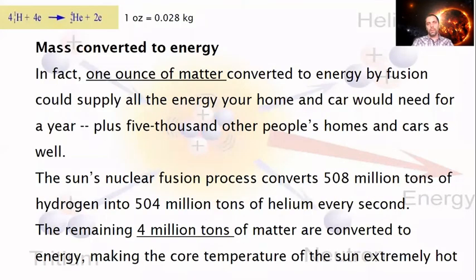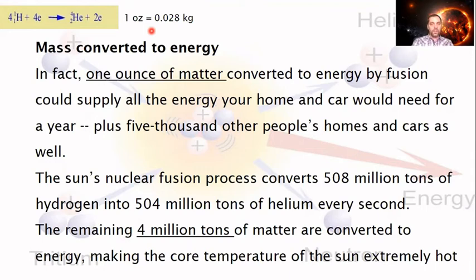As Albert Einstein found, a very small amount of mass can convert to a very large amount of energy. In fact, 1 ounce of matter converted to energy by fusion could supply all the energy your home and your car would need in a whole year, plus 5,000 other people's homes and cars as well.